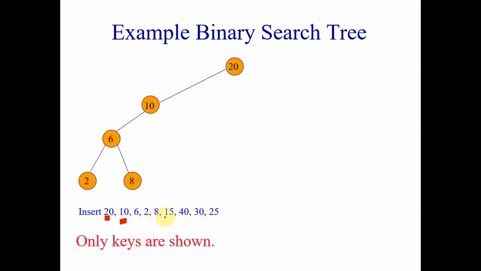For 15, it should be the left of 20, but the right of 10. Further, if you put 40, it should be right of 20. If you put 30, left of 40, and 25 should be right of 20, then left of 40, and left of 30. So it constructs the whole binary search tree.